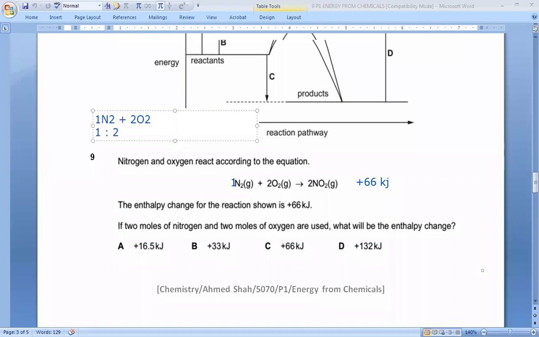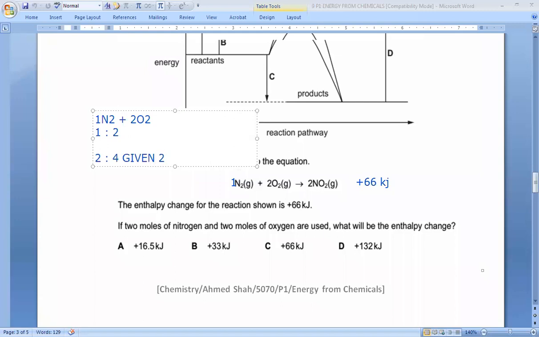But in the second part of the question, you are given 2 moles of nitrogen, but oxygen is only 2 moles. We needed 4, but given is only 2.